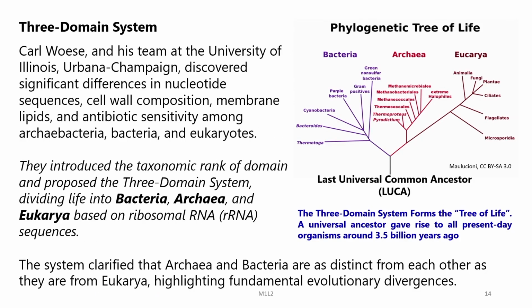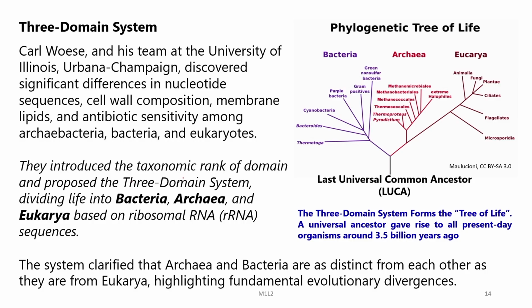The 3-domain system. Carl Woese and his team at the University of Illinois Urbana-Champaign discovered significant differences in nucleotide sequences, cell wall composition, membrane lipids and antibiotic sensitivity among archaeobacteria, bacteria and eukaryotes.